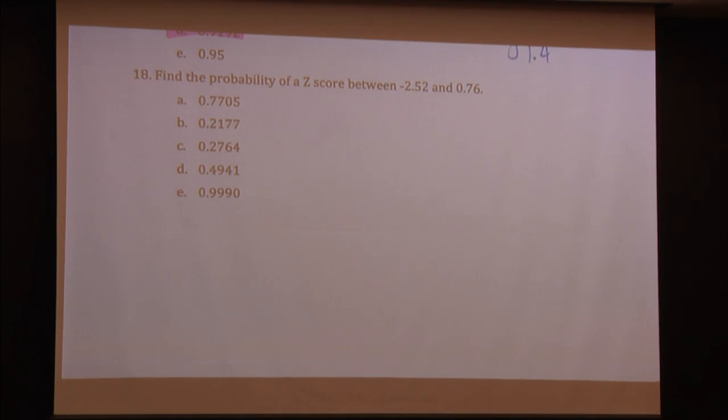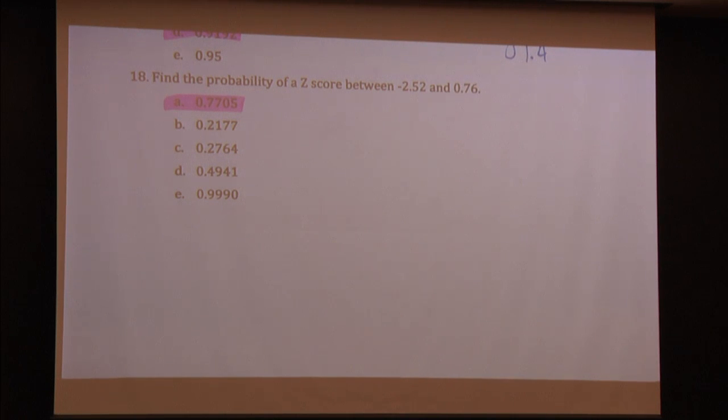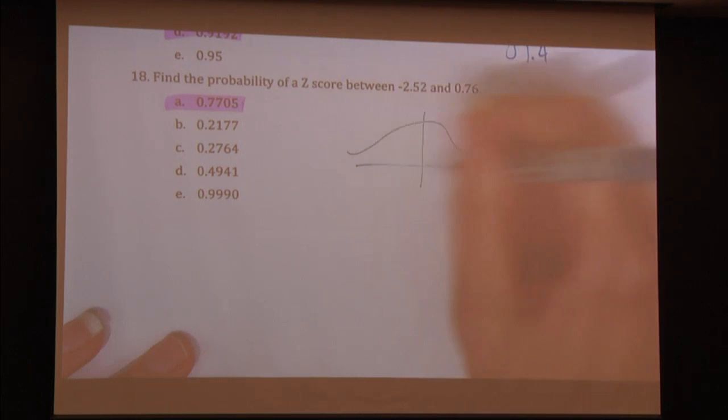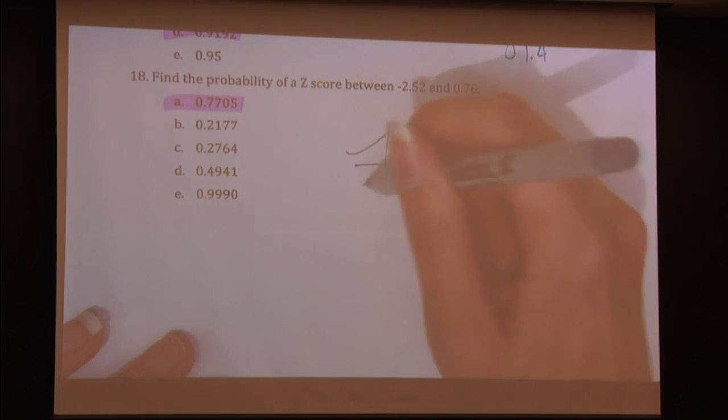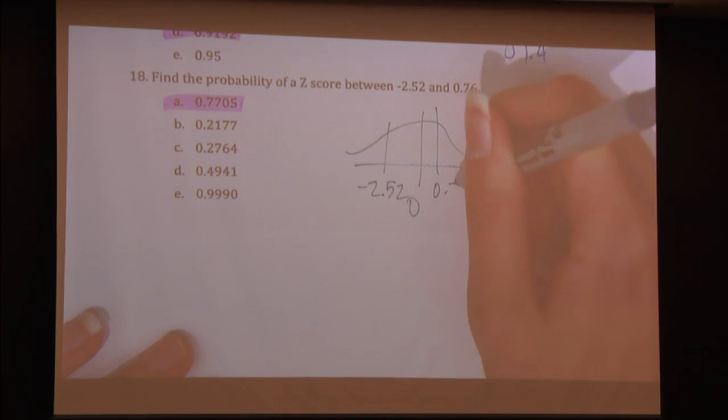So for this one, what answer did you guys get? So A. So when we look at it, we mentioned that with our center of 0, negative values would be over here, positive values over here.